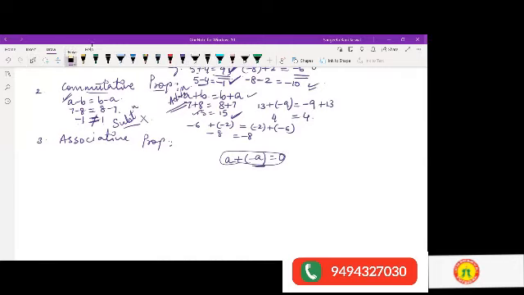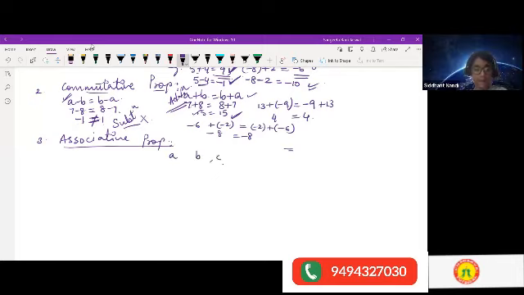Okay, now coming to the associative part. Now associative property, what does this say? Here in this we have three numbers, A, B, and C. Ma'am, this is simply like bracket change.